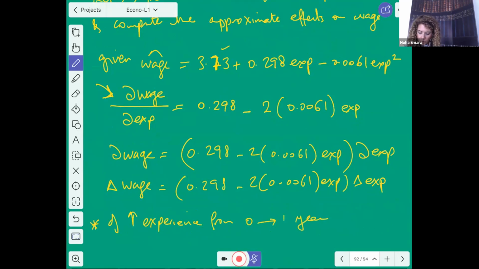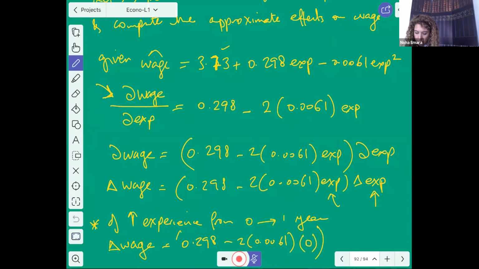All you need to do is, here the change is going to be 1 and the original experience is 0. So the approximate change in wage is 0.298 multiplied times the change, and the original experience is 0. Then the number that you will get is simply the intercept.